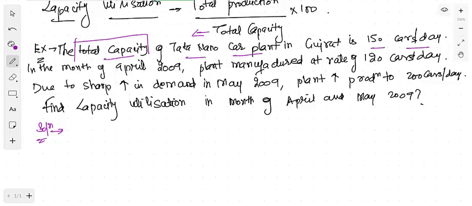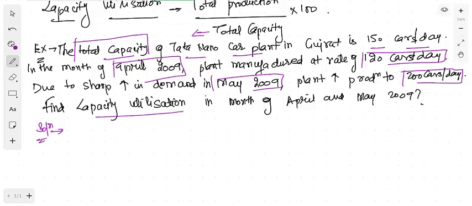Now due to a sharp increase in demand in May 2009, the plant increases its production to 200 cars per day. In April 2009 it has a production of 120 cars per day, and in May 2009 it increases its production to 200 cars per day. You have to find the capacity utilization for April and May 2009 separately.